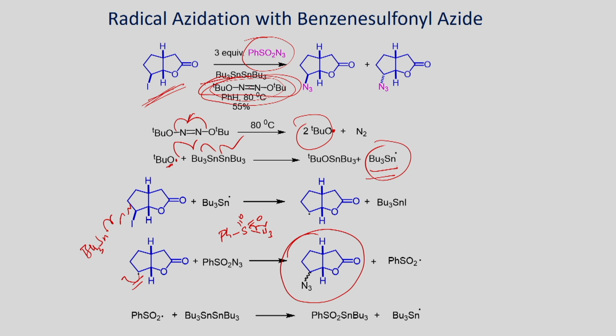This can react with the tin reagent, you form the tributyl tin radical. Once you form this one, it can readily react with this carbon iodine bond, which can undergo homolytic cleavage to give the radical. This radical can react with this sulfonyl azide to give this alkyl azide as the product.